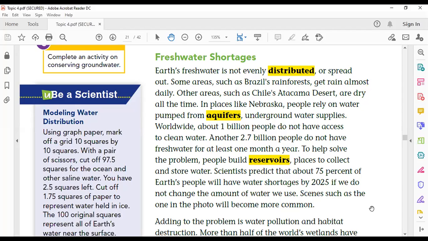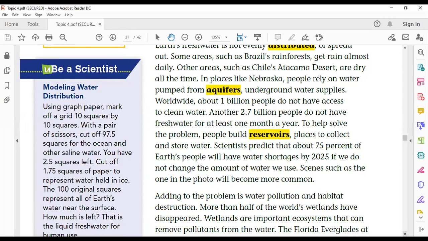Look here. When we are talking in general, worldwide, about 1 billion people do not have access to clean water. Also, there is another problem, that some water is polluted in some areas.